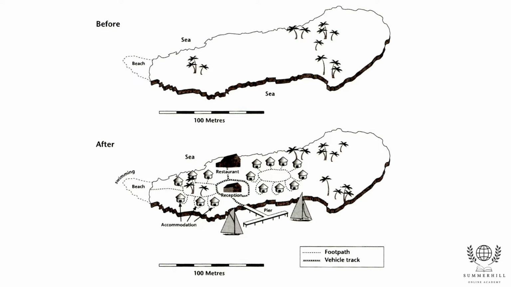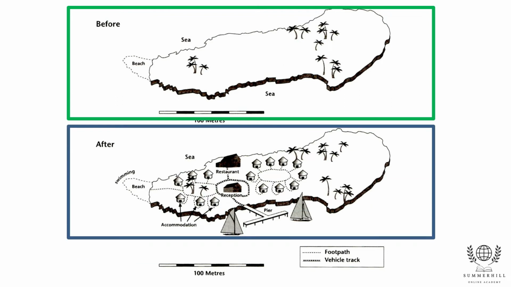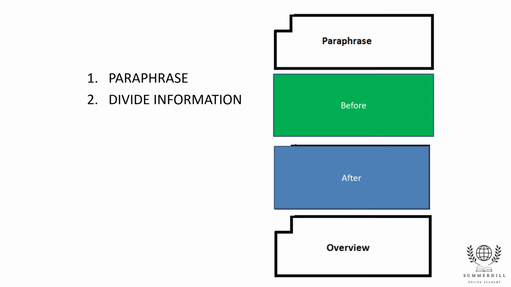In a sense, when we are dividing the maps, we always have to divide the map somehow, in terms of direction, in terms of place, when we're describing individual maps. But in this instance, when we think about paragraphing, we can see that there is a map before and after the construction. So obviously, we're going to write 2 body paragraphs, 1 paragraph before and 1 paragraph after.